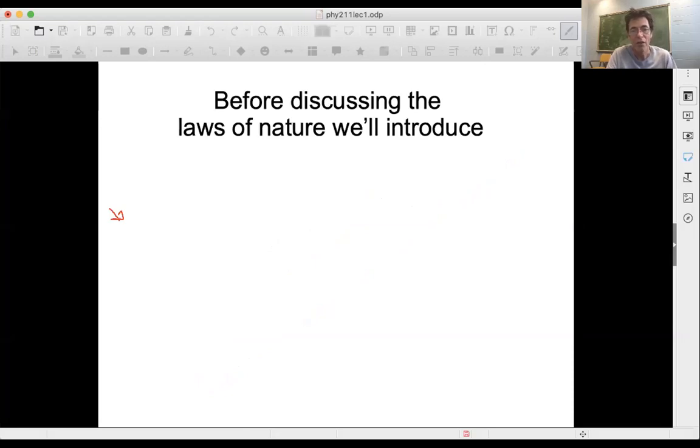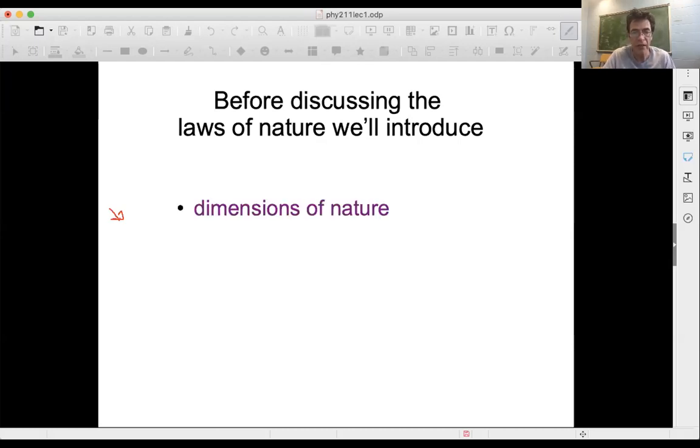The reason I'm going to talk about dimensions and units is that we need an understanding of dimensions and units before we move on to exploring the laws of nature, before we talk about forces and energy and other stuff. We need all those things.